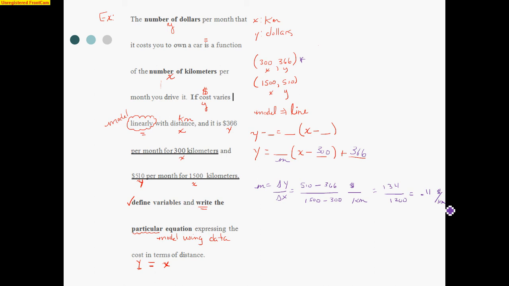Right? My slope has units. 11 cents every kilometer. So this is my model.